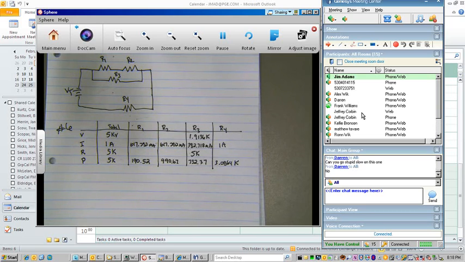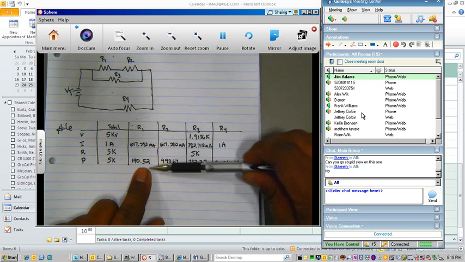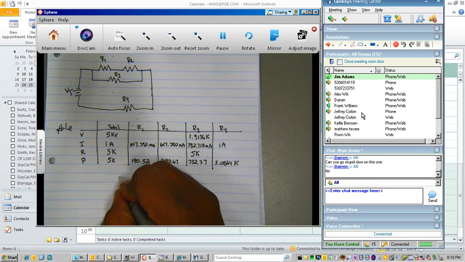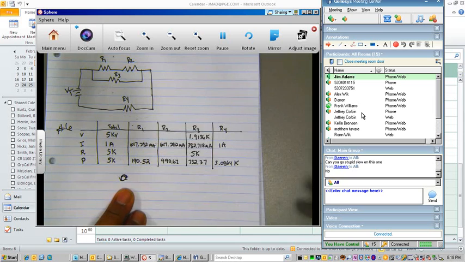So what can we figure out next? We know that the current through R1 and the current through R2 are going to be identical, right? We also know that if we subtract the current through R3 from the total current, it will tell us how much current is going through R1 and R2.